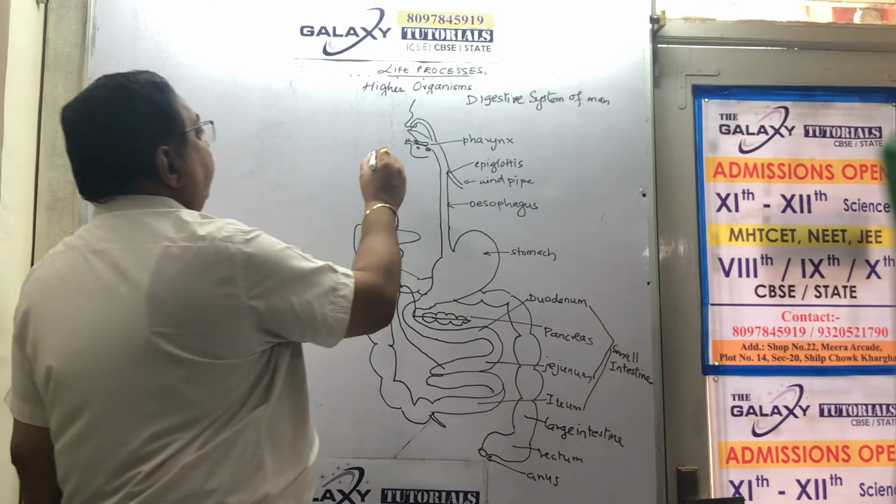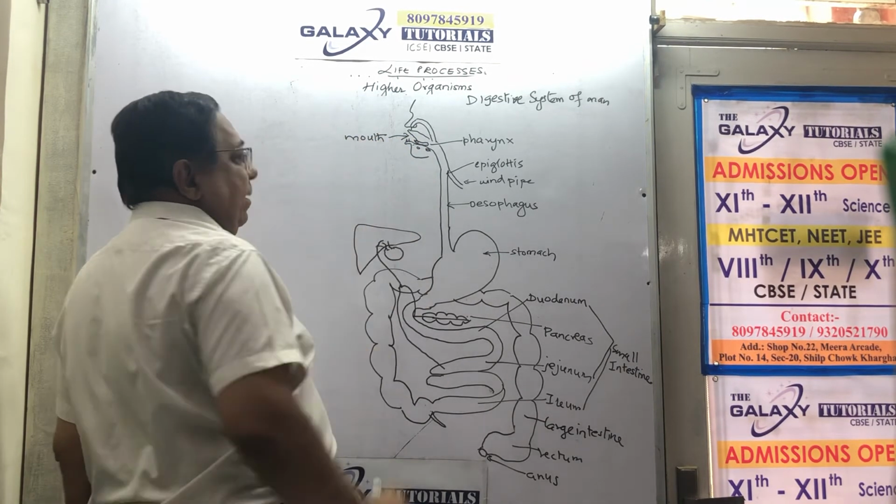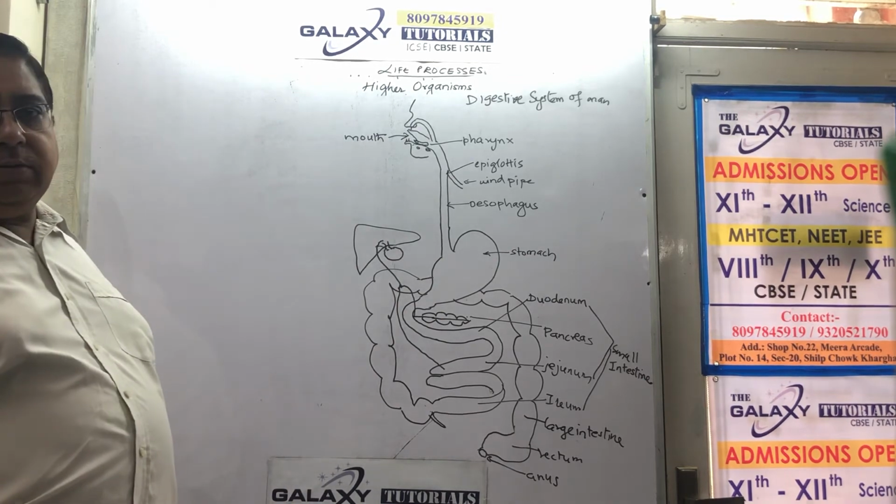This is mouth. Of course, you begin at the mouth, so we know that mouth is the first opening of the alimentary canal.